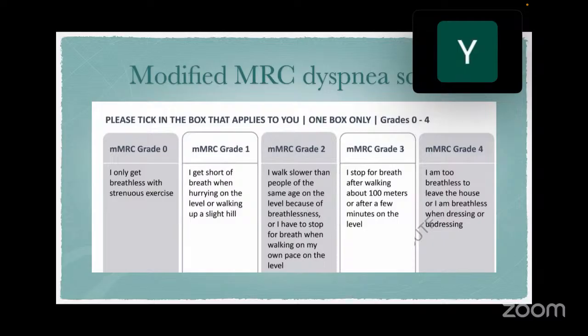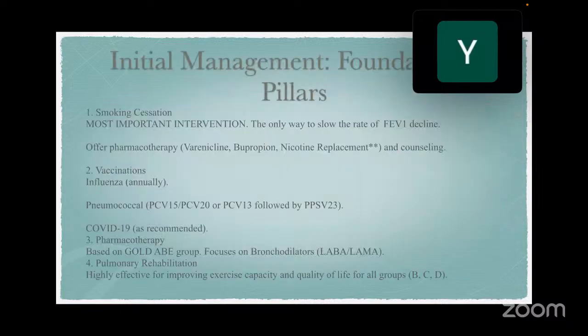Grade 2 is when the patient walks slower than other people of the same age. Grade 3 is when they stop for breath after walking about 100 meters or after a few minutes on the level. And grade 4 is when they're too breathless to leave the house or breathless when dressing or undressing. This is the modified MRC dyspnea scoring.